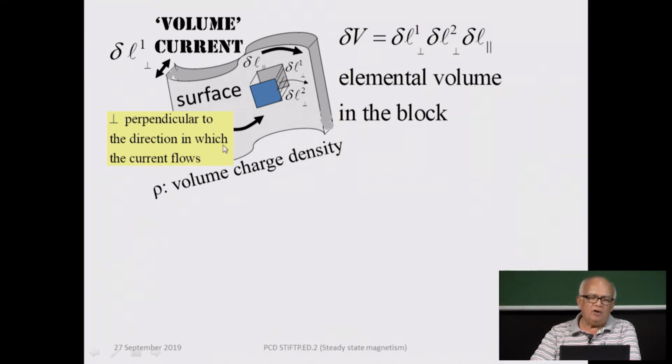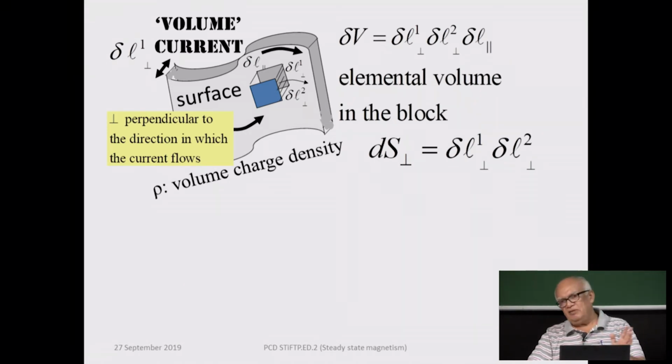And then you have a certain volume charge. So, if rho is the volume charge density, then it is this volume charge density which is moving in that body, and the cross sectional area which is orthogonal to the direction of motion of the charges is the product of the two perpendicular tiny displacements. Okay?